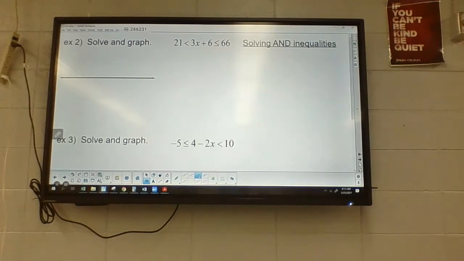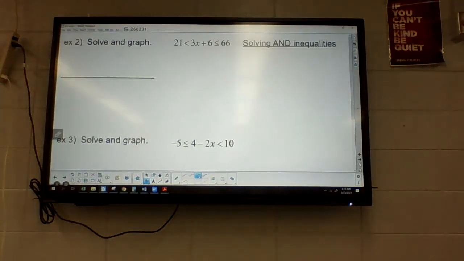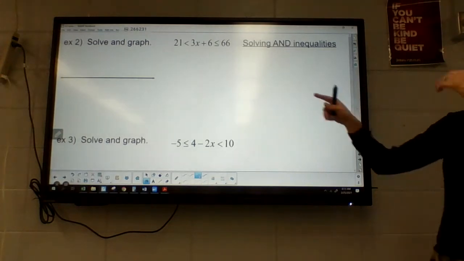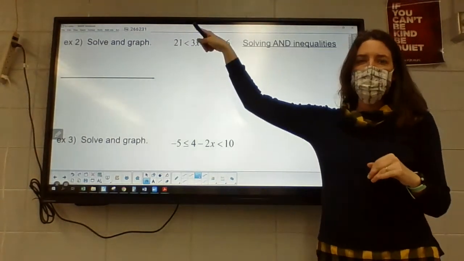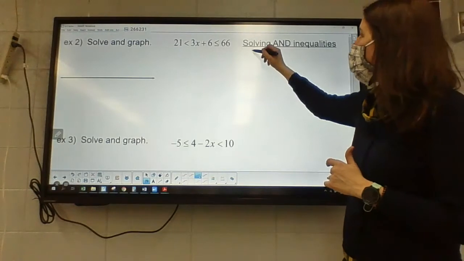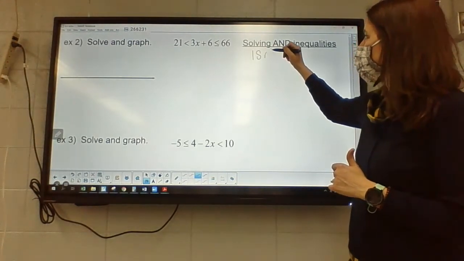All right. So now we're going to solve this compound inequality. We want the variable to be alone in the center, so we're going to isolate the variable in the middle.